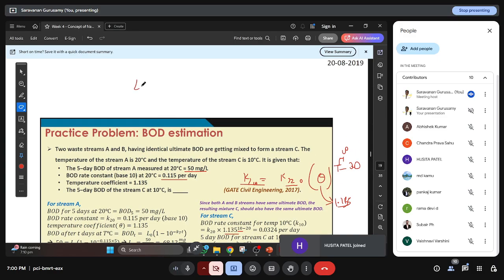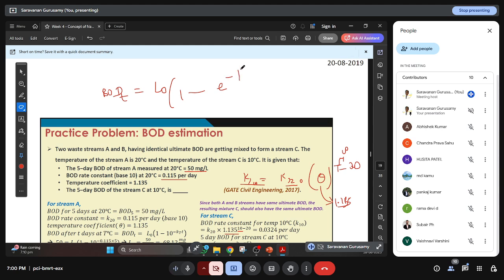So in the BOD T formula, we need to know the L naught, 1 minus e power or 10 power minus K, and we need to know the time T. K is based on the temperature. If it is given at 20 degree and they are also asking for 20 degree, we can easily find.